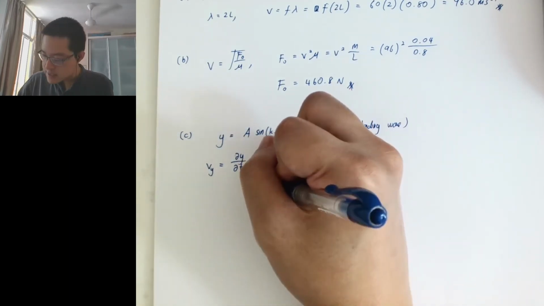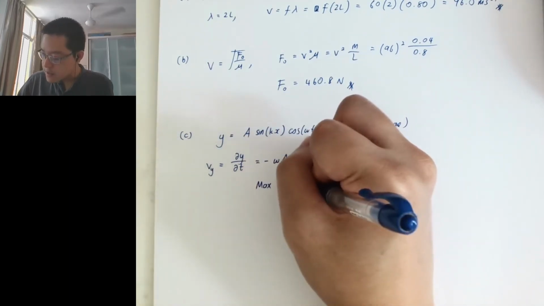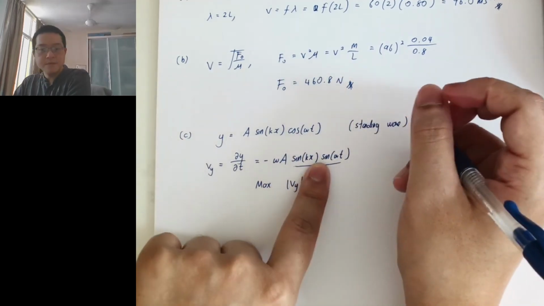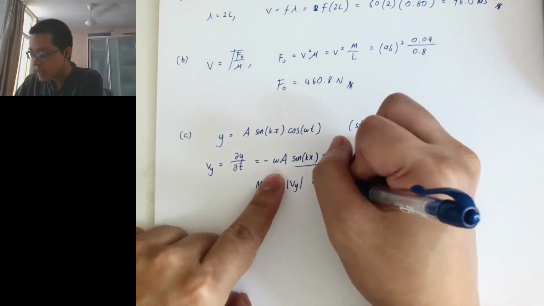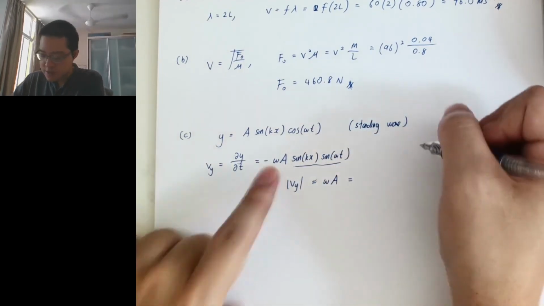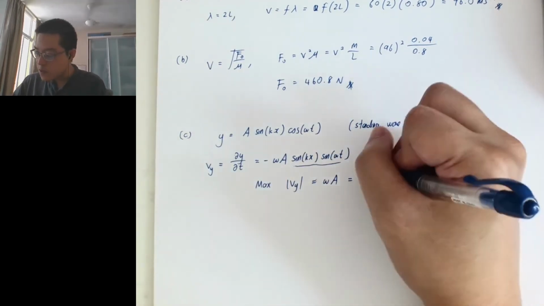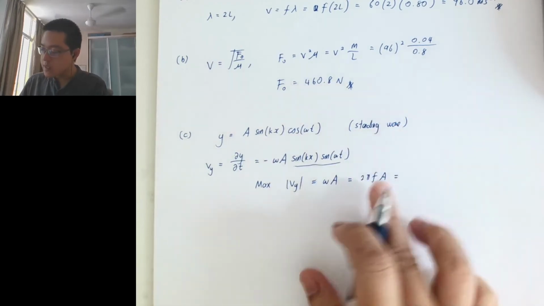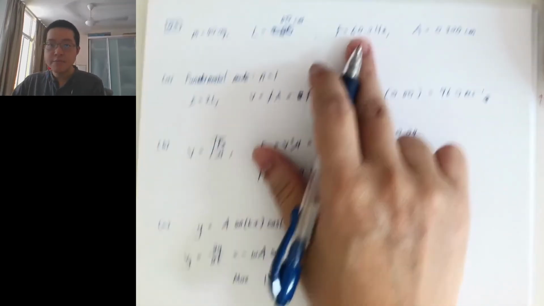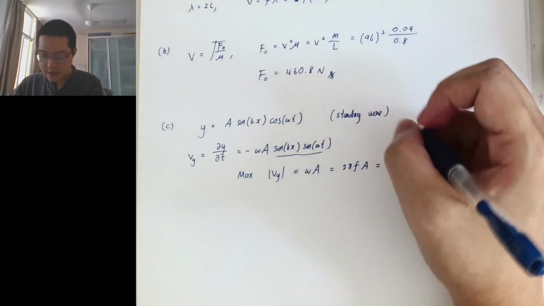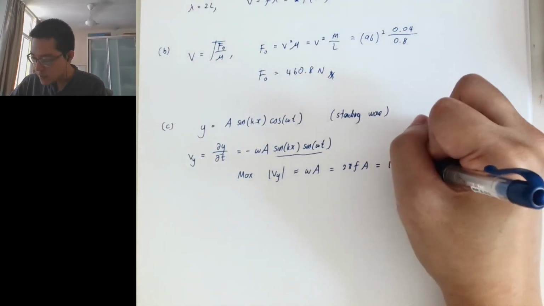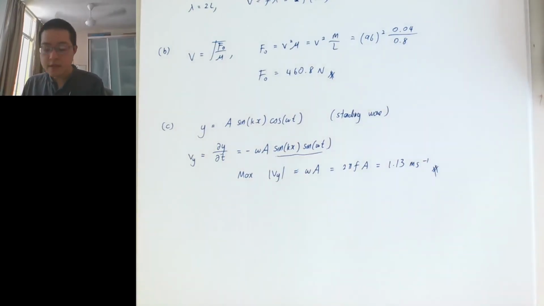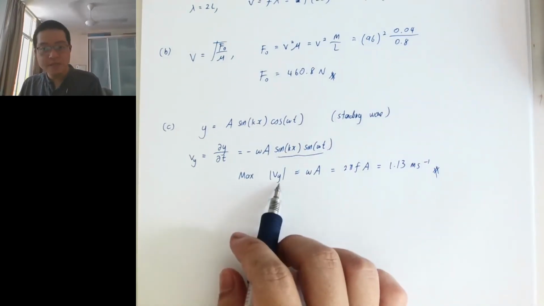So my maximum velocity is omega times A. Omega is 2 pi f, and then the amplitude. The frequency is given, the amplitude is given. So I can calculate everything to be 1.13 meters per second. So that is my maximum transverse velocity.